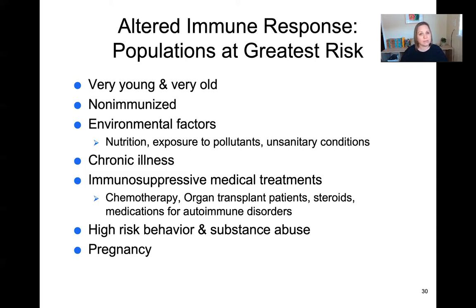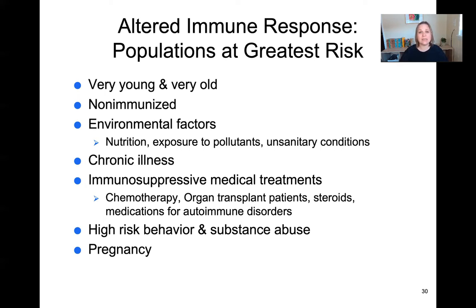The non-immunized are at high risk for infections because they don't have that active or passive immunity with the antibodies ready to fight off infections. Different environmental factors, nutrition, exposure to pollutants like smoking, or unsanitary conditions can impact being invaded by foreign invaders.